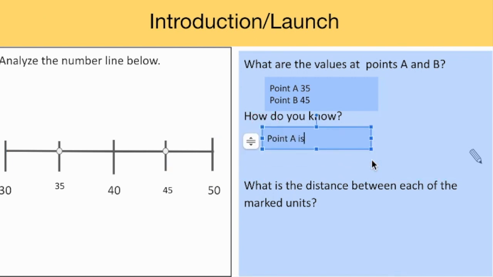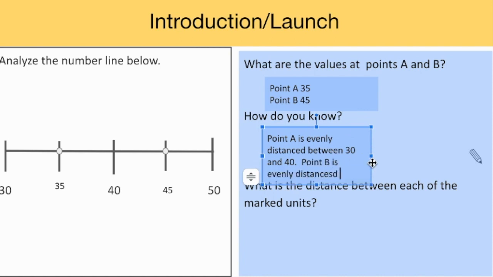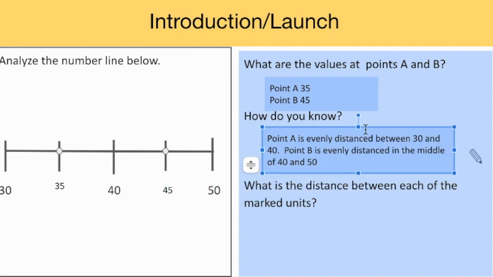Point A is evenly distanced between 30 and 40. And point B is evenly distanced in the middle of 40 and 50. I'm going to make that wider.